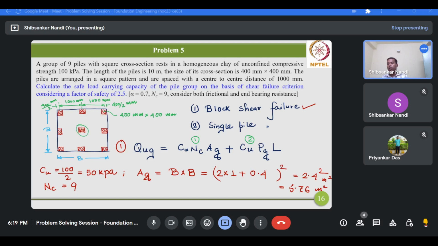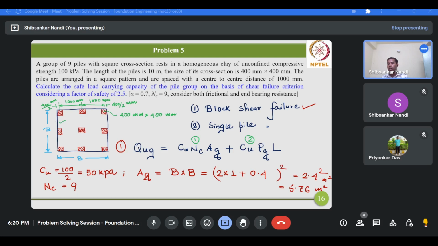Therefore you are facing two different materials at the pile soil interface, one is concrete and another one is soil. So the adhesion factor will come into the picture. However, when you consider the block shear case, the pile group behaves as a block, and it fails as if a block is failing. So in that case you will have soil to soil interaction.